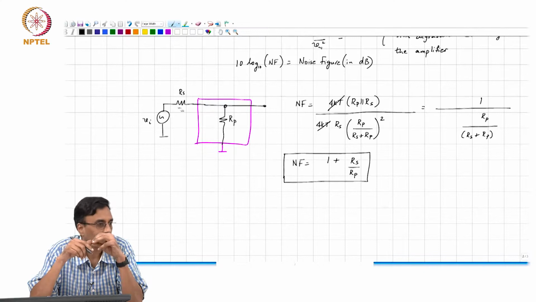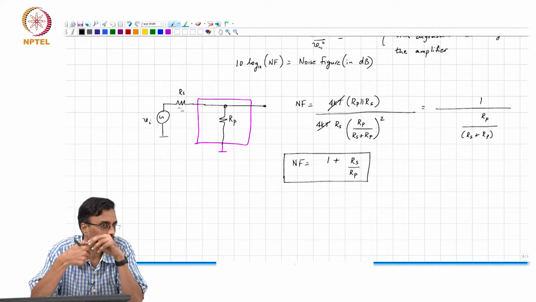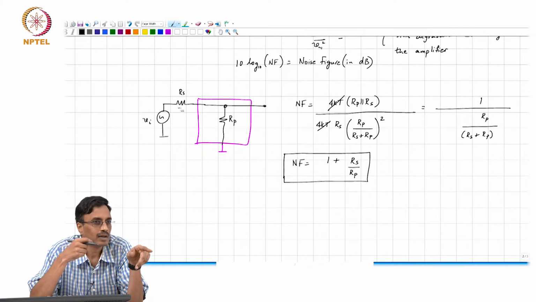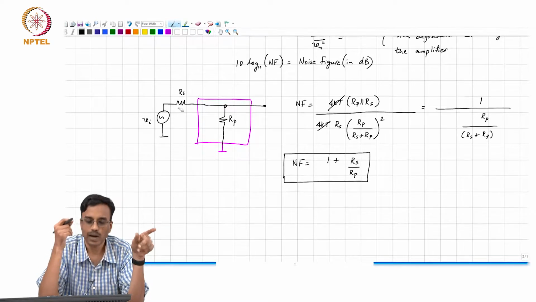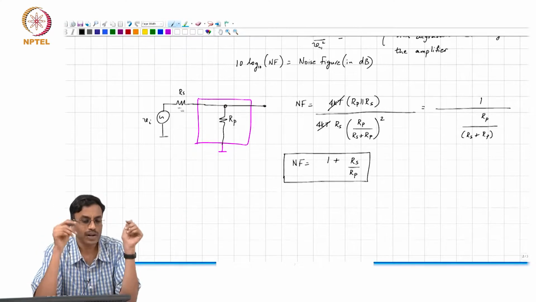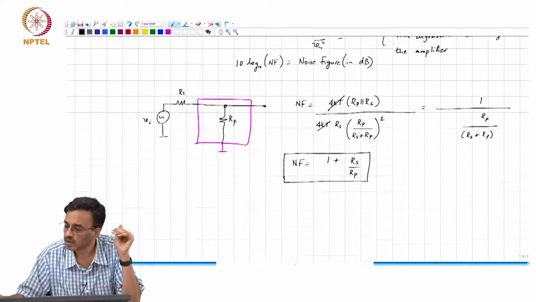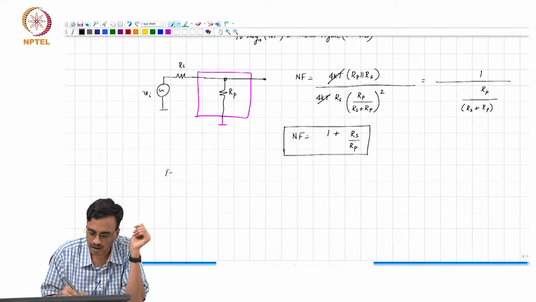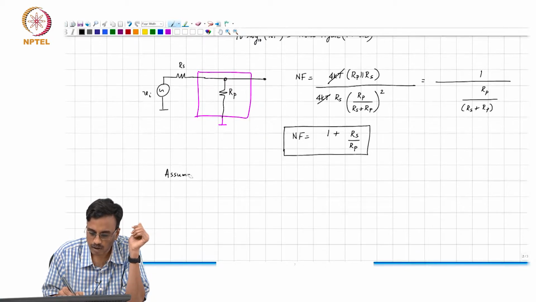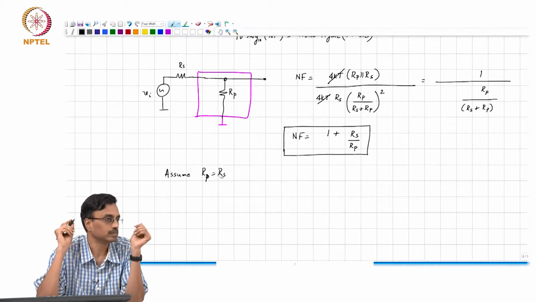And why does that make sense? Okay, well, yeah, I guess that's right. So, what comment can you make about the absolute noise spectral density at the output? Let's assume for argument's sake that RP is made equal to RS, right.